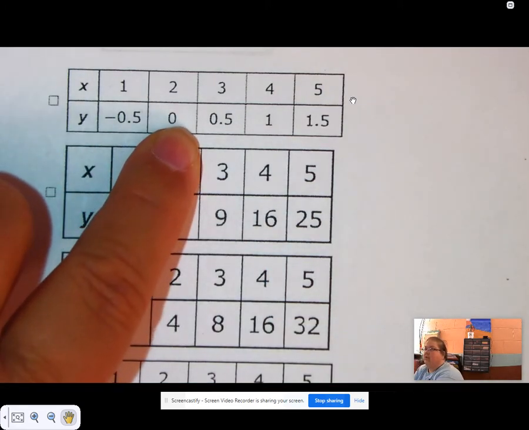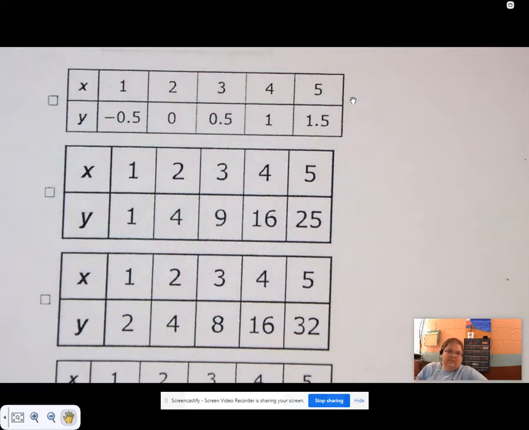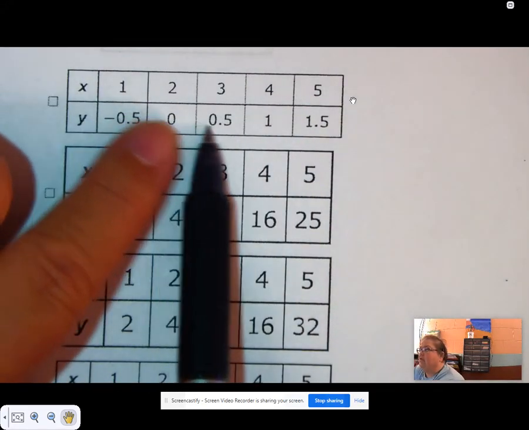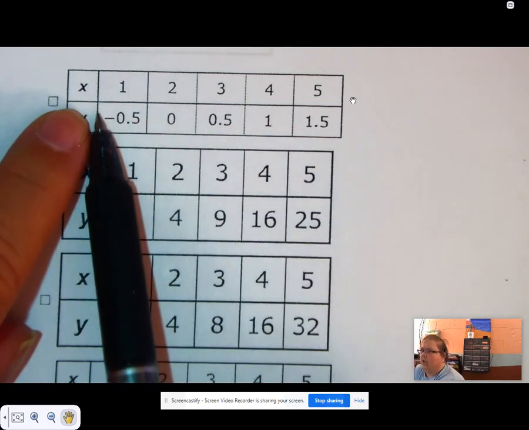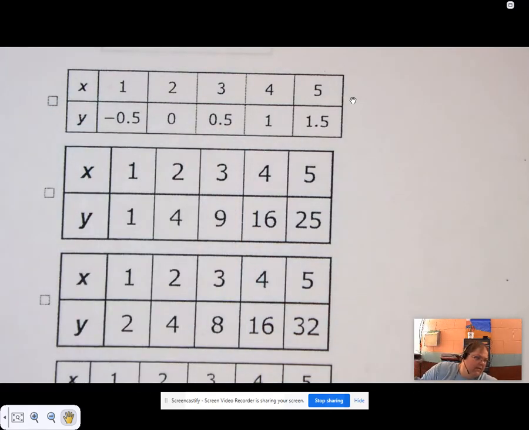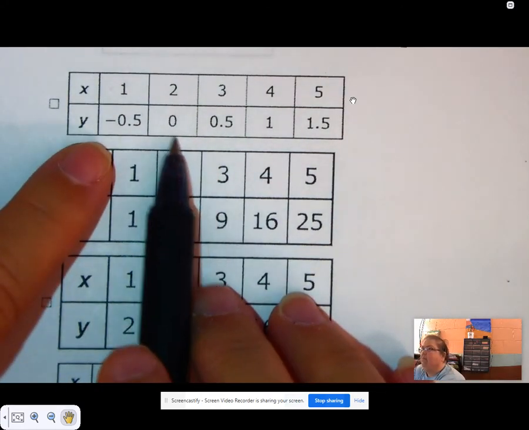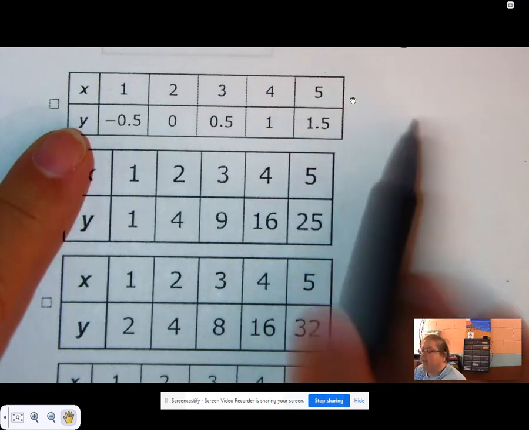So, what is 0 minus 0.5? Or, is this going up by 0.5 every time? So, you can do it that way also if you can see that. Okay? So, either way, but this is the one where you're doing second term minus the first term gives me the common difference.